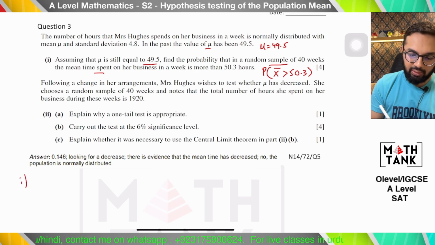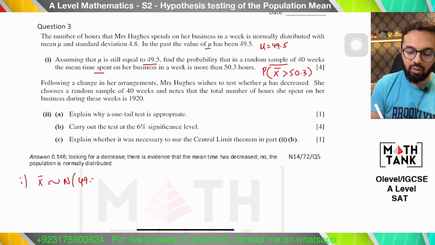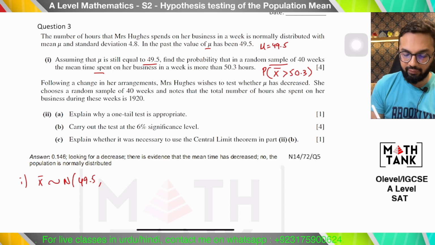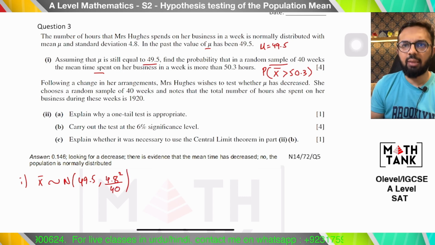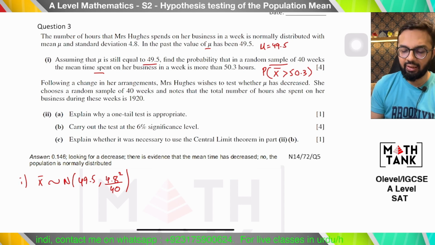So X bar is going to have a population distribution that is normal with 49.5 and sigma squared divided by n, n being 40 weeks. Sigma squared divided by n because you write the variance here. I'm going to take the root of this when I'm calculating the probability. So I want to calculate the probability of X bar greater than 50.3.